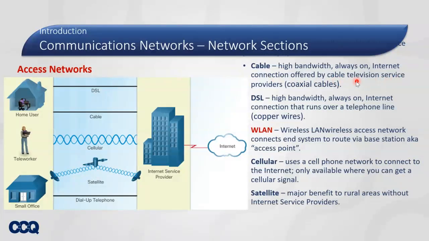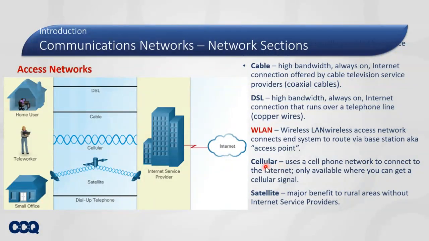So the cable is used for TVs and it connects TVs using coaxial cable. Whereas the DSL is an internet connection that runs over a telephone line, like the copper wire. So this is the difference. One is a coaxial cable used for television, and one is an internet connection that runs over the telephone line.